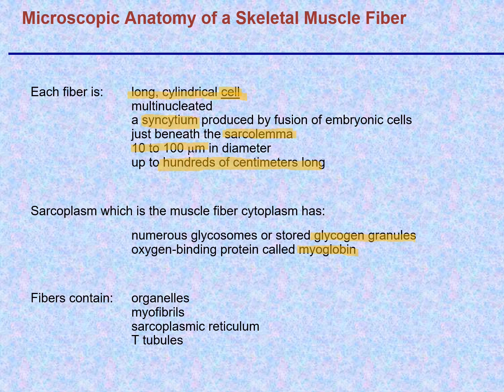The fibers, of course, also contain many organelles, particularly mitochondria for generating energy, and sarcoplasmic reticulum, etc. There are also these structures that I'll talk about later called T-tubules. These skeletal muscle fibers have quite a unique kind of arrangement that we'll get into.